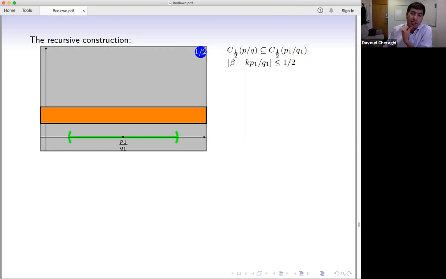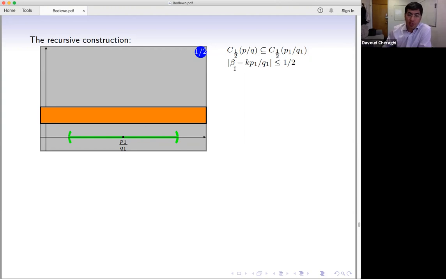As I mentioned earlier, this is the R good property. So this is my R value, and I start with an arbitrary rational number P1 over Q1. From the second property, I know that there exists a neighborhood of P1 over Q1 such that for any rational number in that neighborhood, the candidates for that rational number are contained in the candidates for the rational number P1 over Q1.